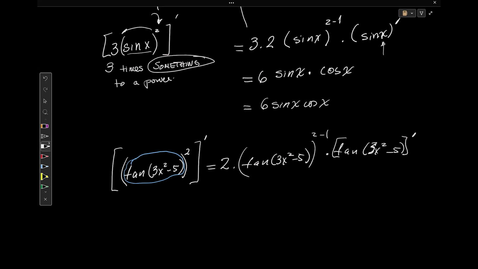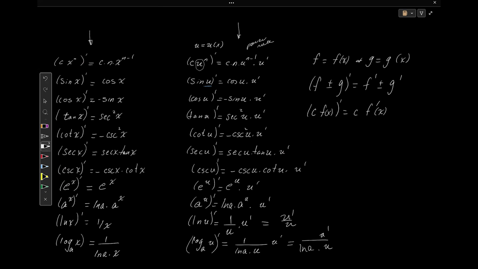Okay. So we have a 2. 2 minus 1 here will give me a 1. So it's just tangent 3x squared minus 5 times the derivative of a tangent of something. Again, I do not care what that something is. I see a tangent by itself to power 1.